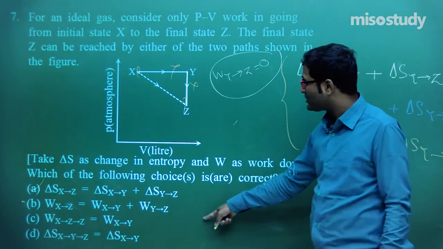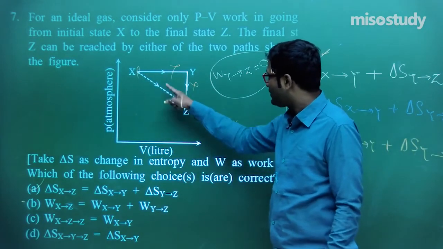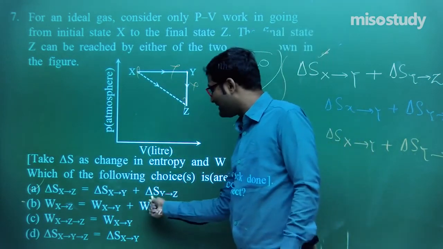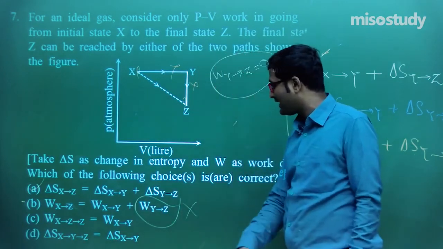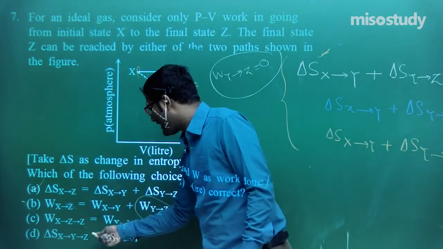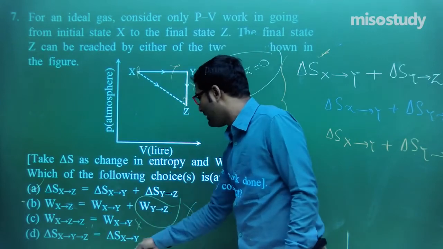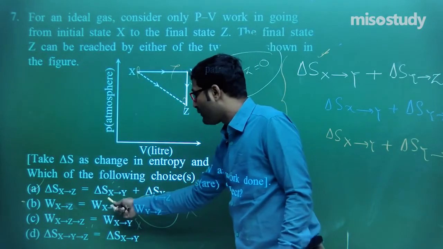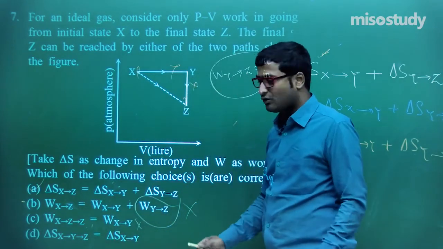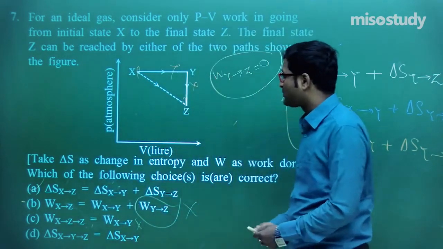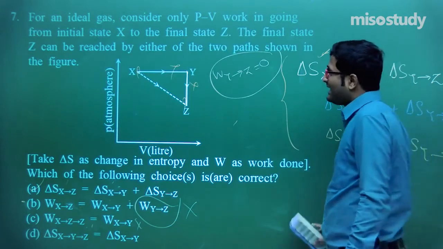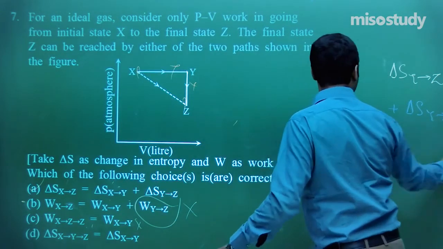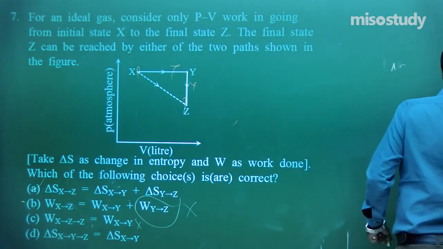Here no expression says xz equal to xy plus yz is mentioned, so this one is not correct. And Wxy, yz, this is also wrong. As we know, if we compare the entropy, this is the correct option. So B, C and D are wrong and A is the correct expression.